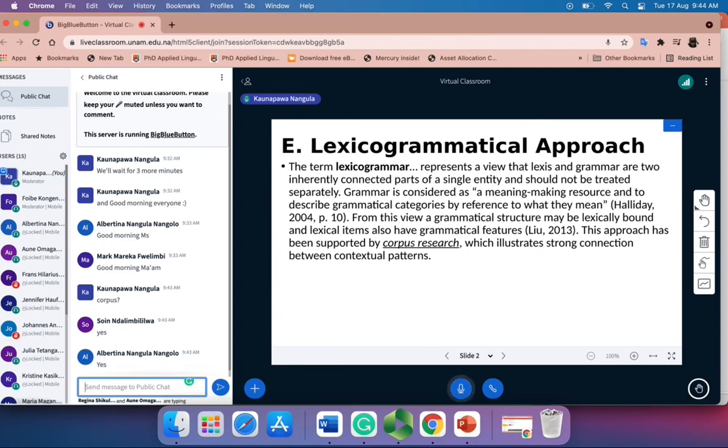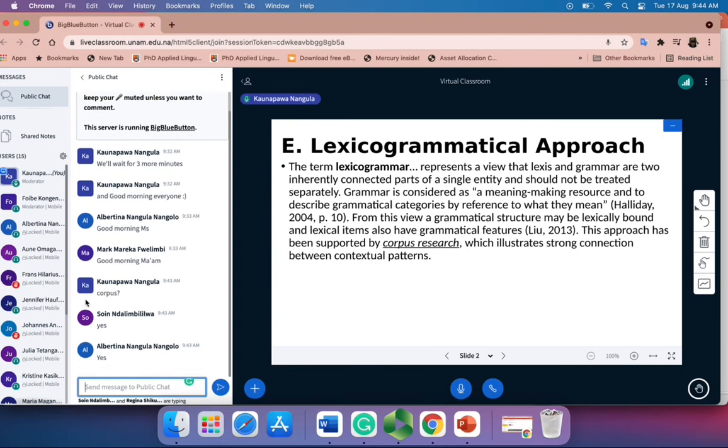Let's just say for those who don't know, with corpus research, which sometimes happens with corpus linguistics, corpus linguistics, for example, is the study of a language as that language is expressed in a text, which is now corpus, and plural is corpora, and it's a body of real-world text.